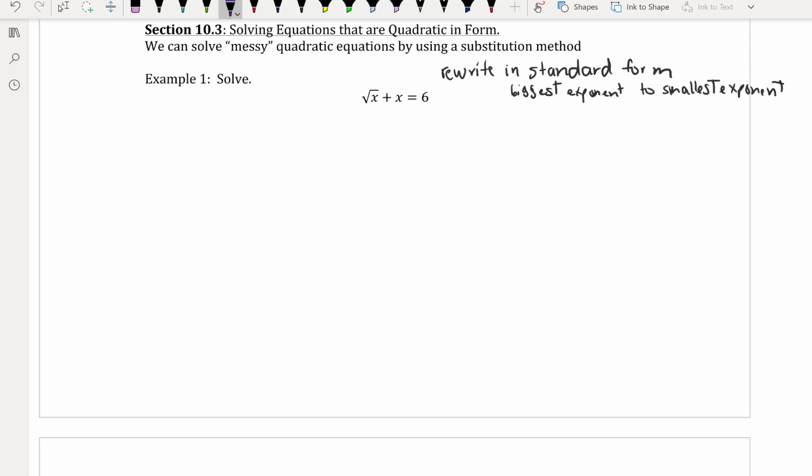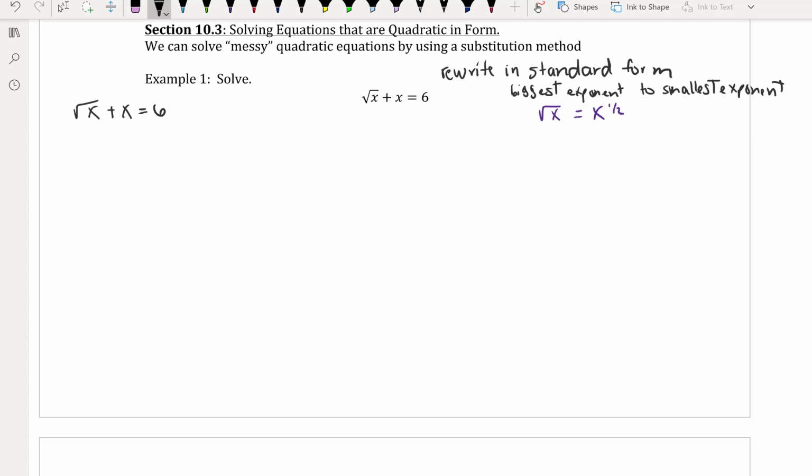And just in case you have forgotten, the square root of x is the same as x to the 1/2. So I'm going to rewrite this equation. I have the square root of x plus x is equal to 6. Now I'm going to rewrite it in standard form.